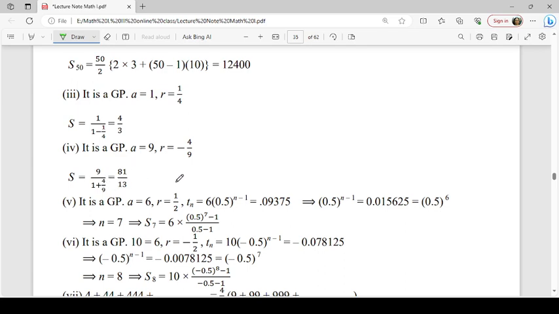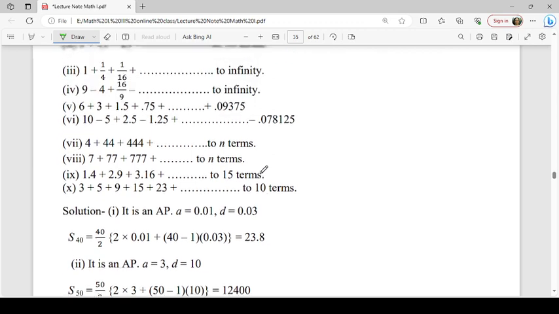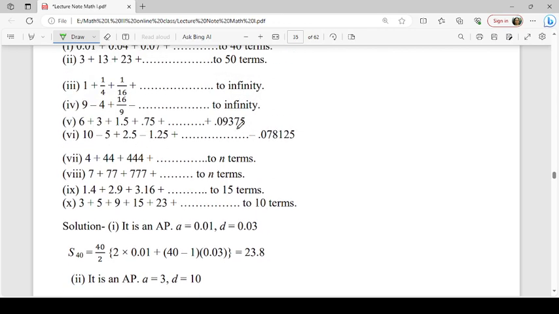Then number 5, here the last term is given, so we need to find n.